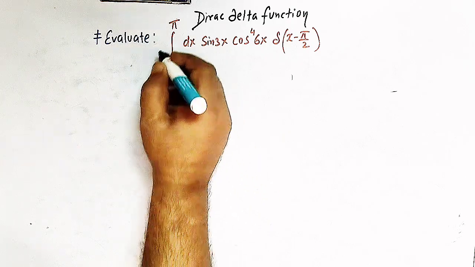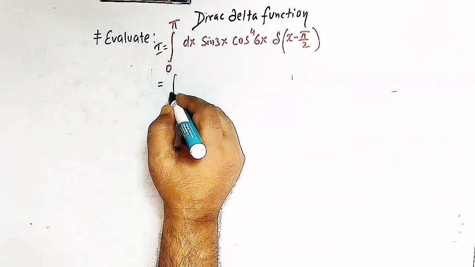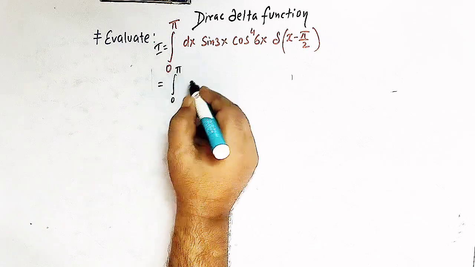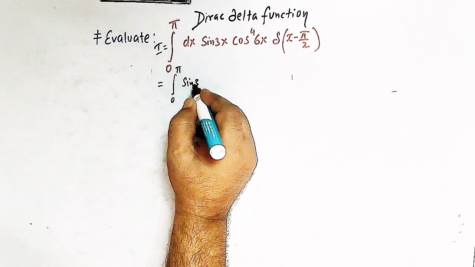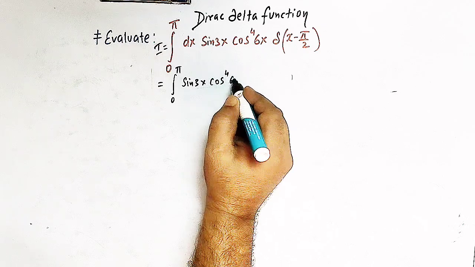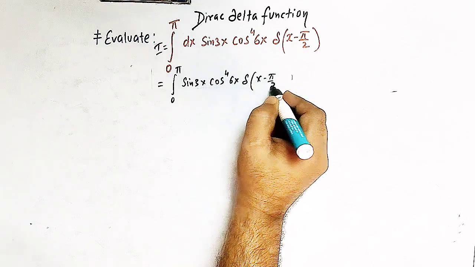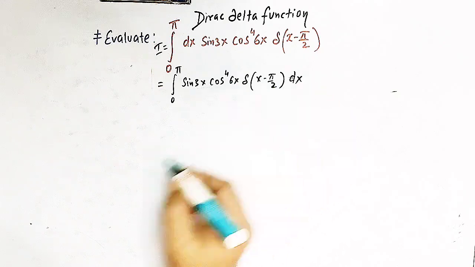So first of all, let us rearrange the terms. We can write the integral from 0 to pi of sine 3x cos raised to 4, and here we have 6x and delta of x minus pi by 2, and here we have dx.